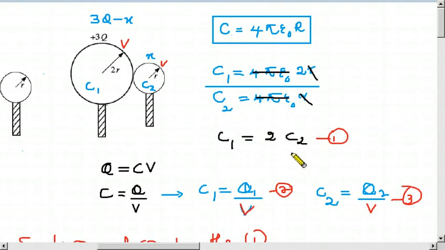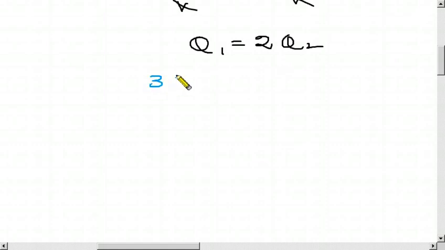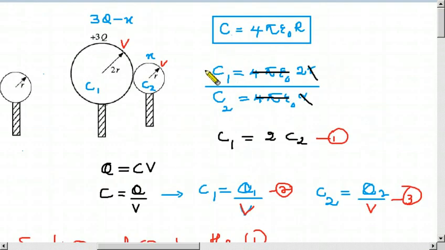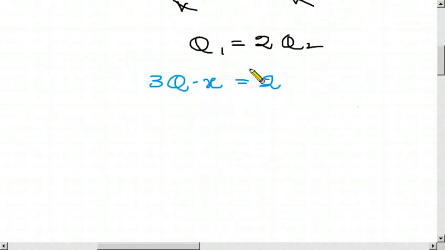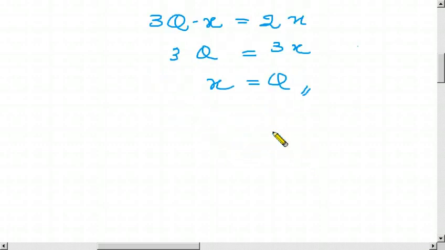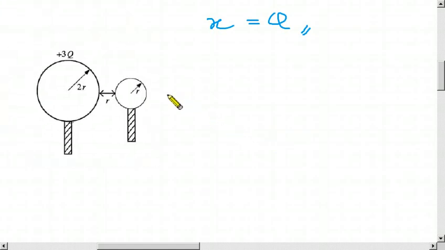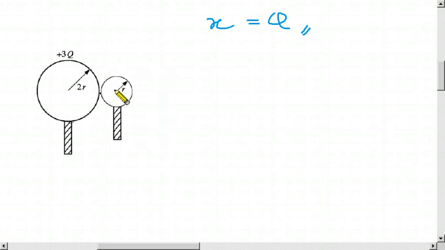So now our Q1 is 3Q minus X. Then that equals 2 times Q2, which in our case is X. So we take this X to the right side, then 3X equals 3Q, and we get X equals Q. That means we can finally write Q here instead of 3Q.